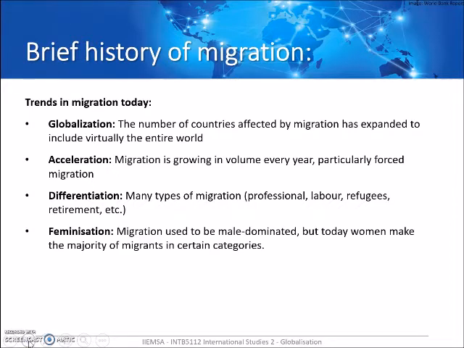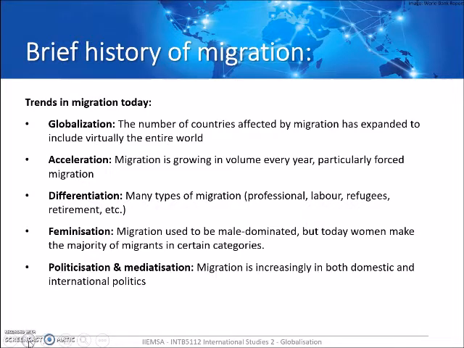We're also seeing a trend that we can call feminization. Back in the days, migration used to be very much male dominated. So it would usually be men who migrate to look for work. But today, actually, women even make a majority of migrants in certain categories. So it depends what type of migrant we're looking at. But there are a lot of women who are part of migration.